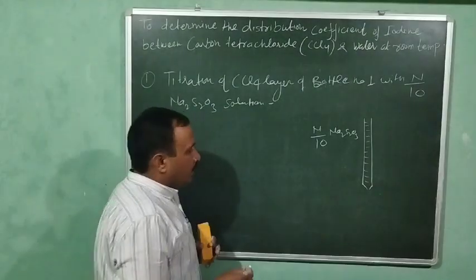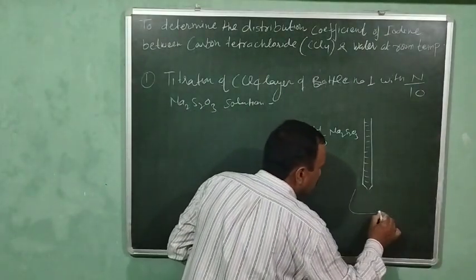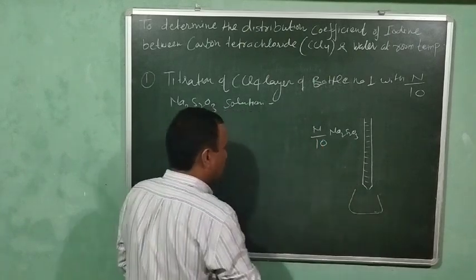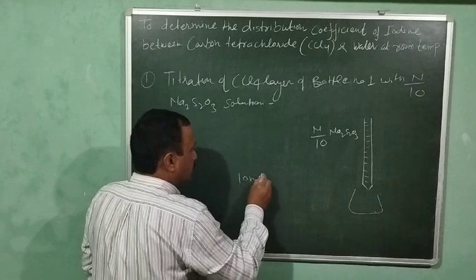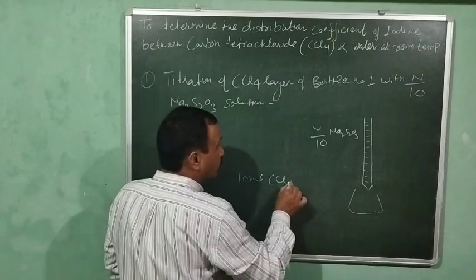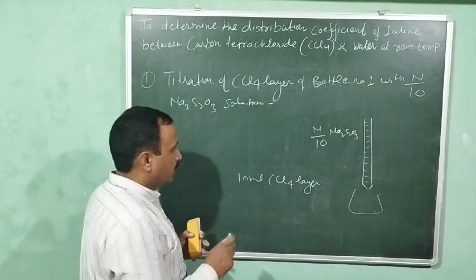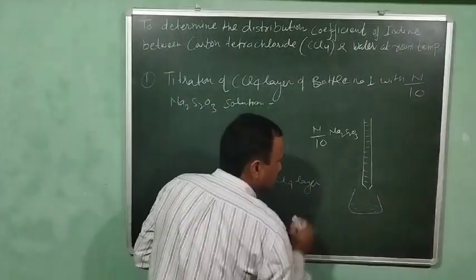Okay, after this we will pipette out 10 ml of CCl4 layer of bottle number 1, okay, in the titration flask.